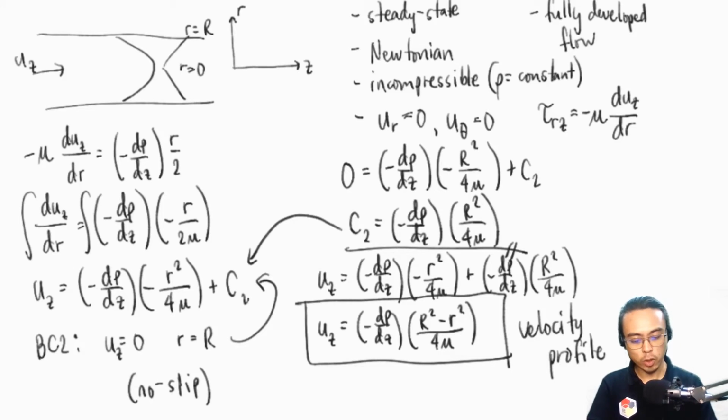Okay, if you will compare this to our shear stress profile, so let me write again our shear stress profile. The shear stress profile is tau rz is equal to negative dp over dz times r over 2.